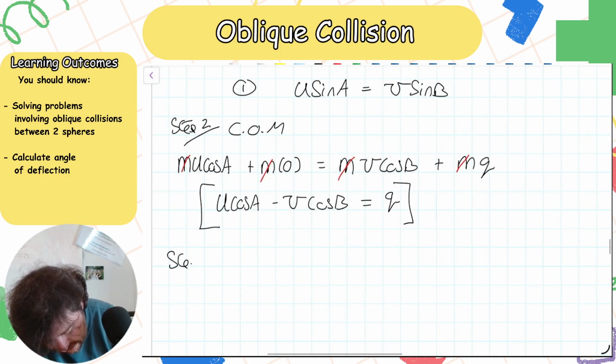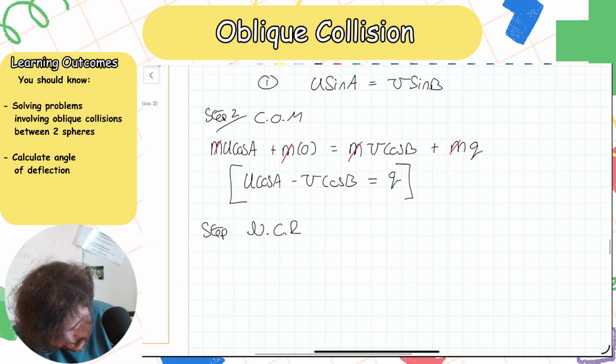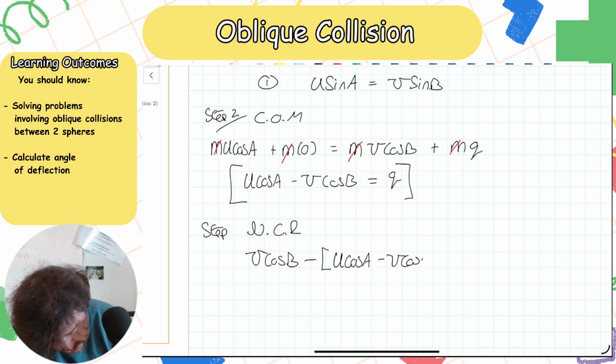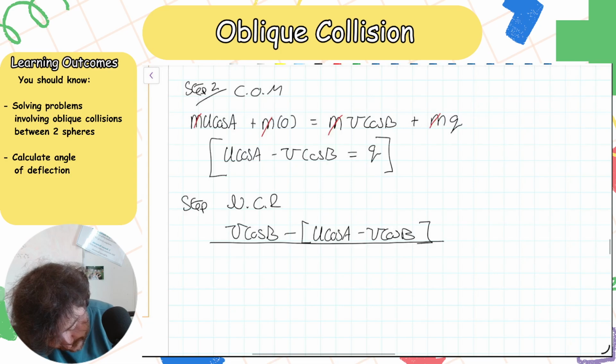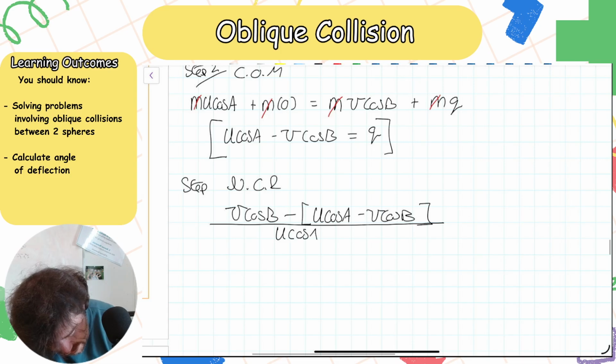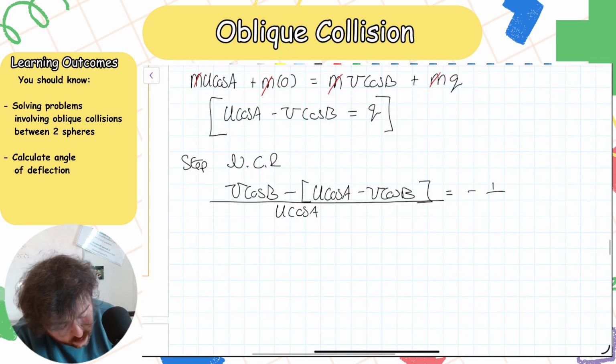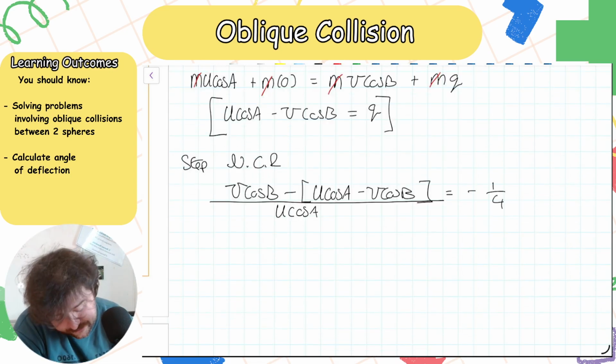Next, we're going to use Newton's coefficient of restitution. So it's v cosine B minus q, q being u cosine A minus v cosine B, all over u cosine A minus 0, which is equal to minus e. My coefficient of restitution is a quarter, so it's minus a quarter.